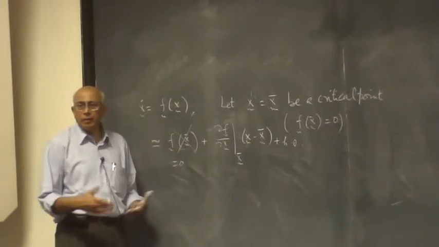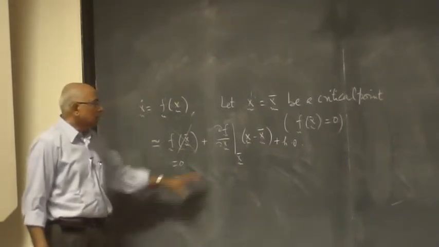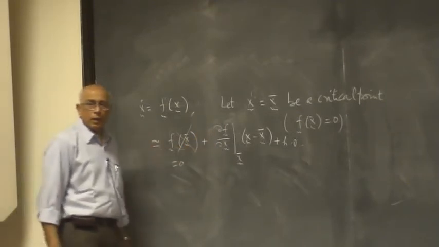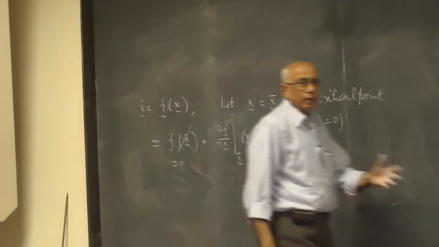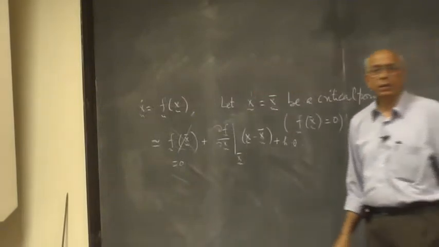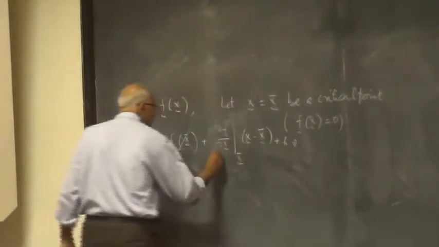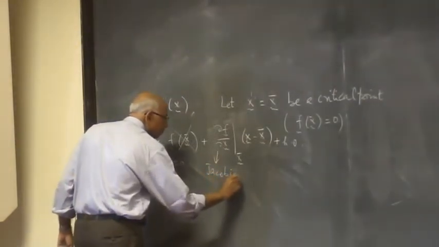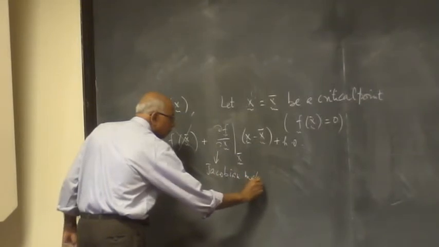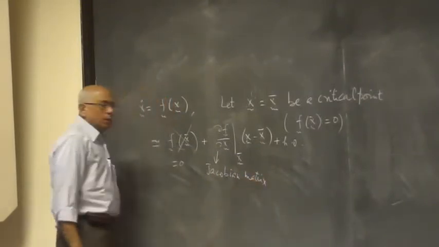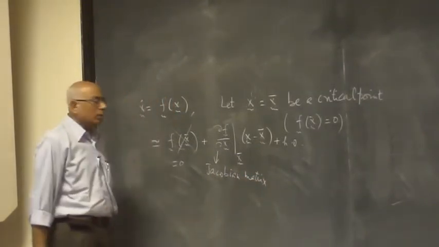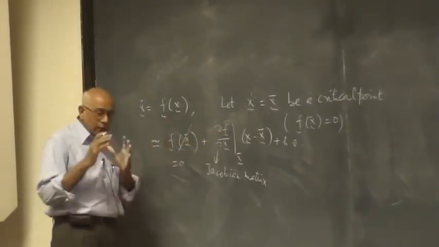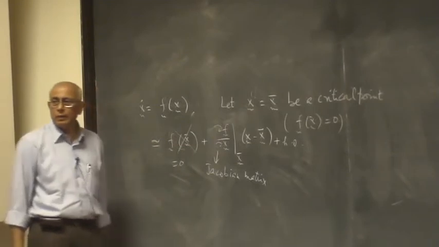This is a Taylor series in many variables. This here is the Jacobian matrix at that point. And I'm going to start by assuming that this Jacobian matrix doesn't vanish. It's an n by n matrix formed by differentiating the components of f with respect to the components of x and evaluating it at the critical point.